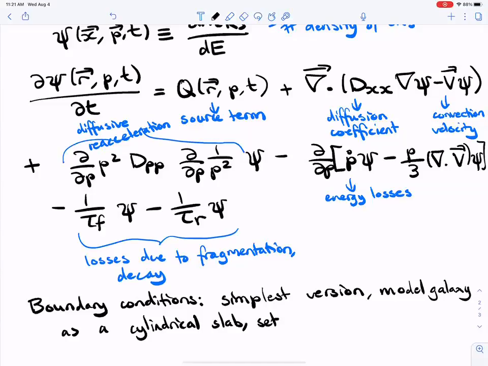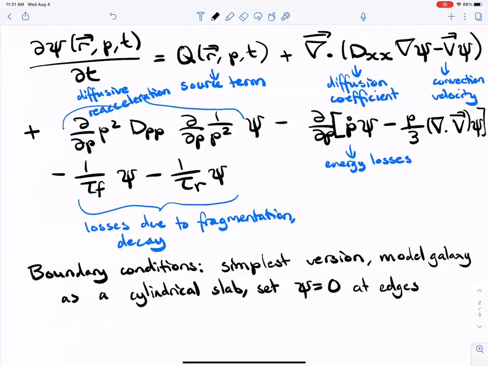And we say outside the galaxy, these cosmic rays free stream away very effectively, and so their density effectively goes to 0. But you can also do more physical boundary conditions, like say there's some probability of escape at the edges.